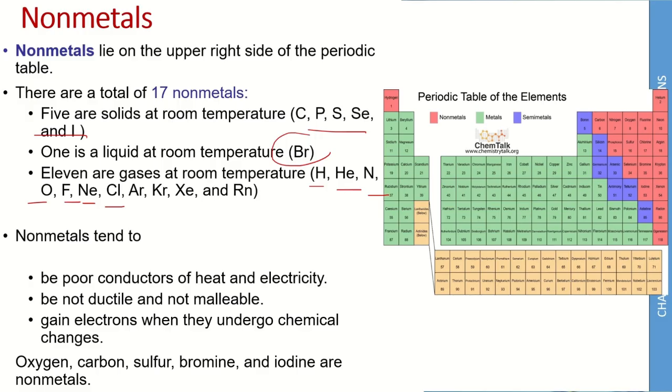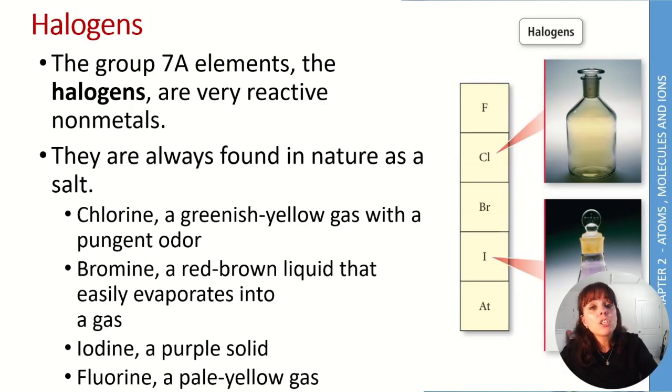Non-metals tend to be poor conductors of heat and electricity, not ductile or malleable, so they break down easily, like sulfur, all those elements. They don't fold like metals. They gain electrons when they undergo chemical reactions, like oxygen, carbon, sulfur, bromine, iodine, which are non-metals.